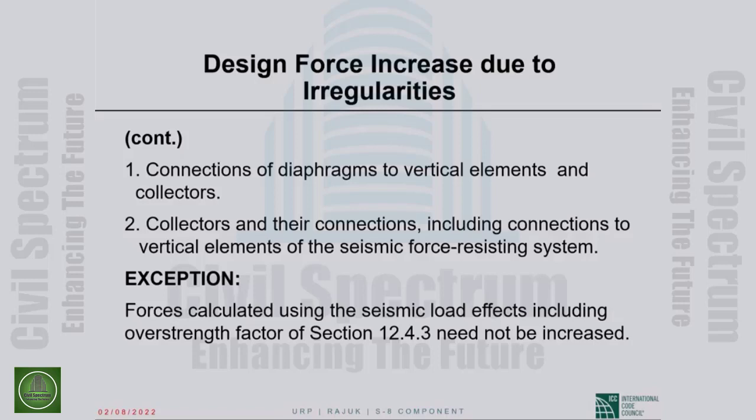Now, there is a significant exception. Forces calculated using the seismic load effects, including overstrain factor. So if you are in design category D, the collectors and their connections have to be designed using the load combinations with overstrain factor.